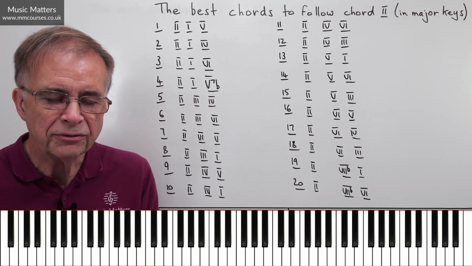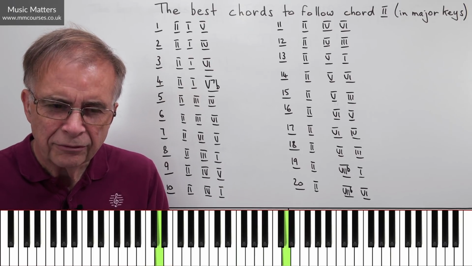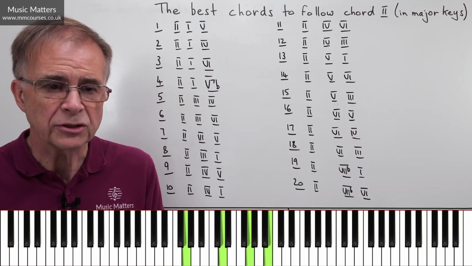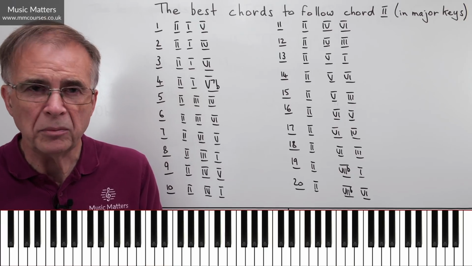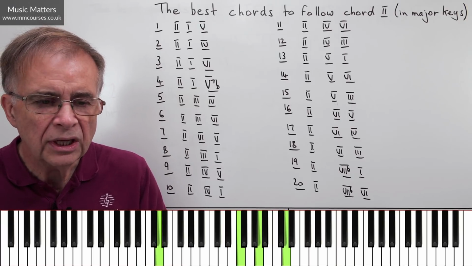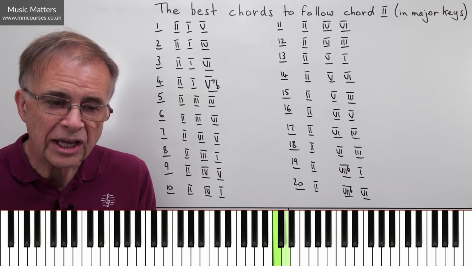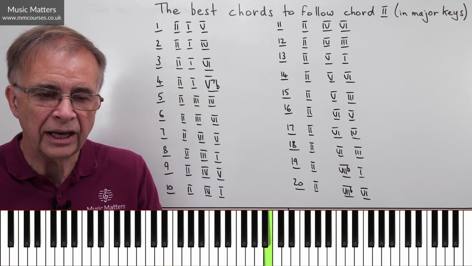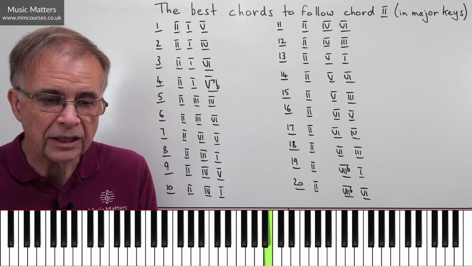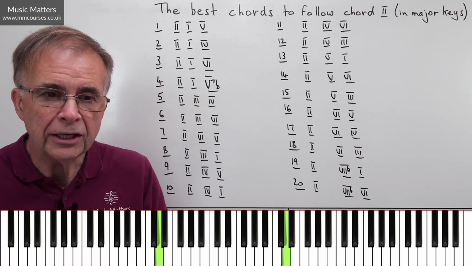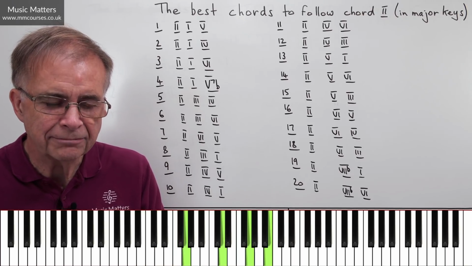Option 9, 2 to 4 to 5. That's quite a strong progression, maybe more of a standard one. And again, you can see I can get some nice stepwise movement into that top line, or it could be one of the middle parts. And again, going in contrary motion with the bass.